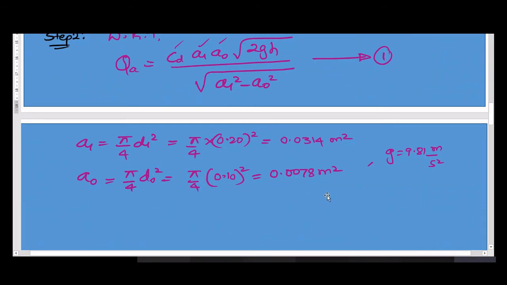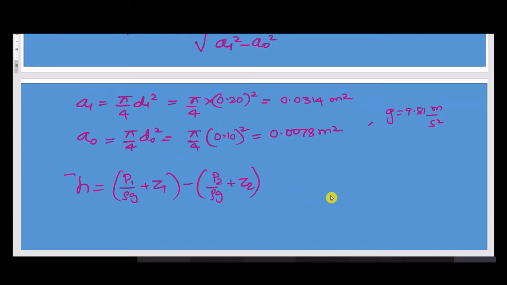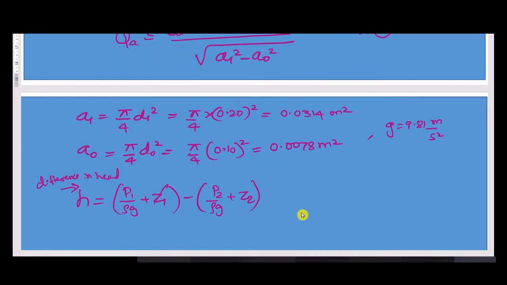There are two ways to find the value of H. I will write both the formulas. Here H is P1 by rho G plus Z1 minus P2 by rho G plus Z2. This is the formula used for calculating H, that is difference in head. If the position of the orifice meter is horizontal, then these two get cancelled.